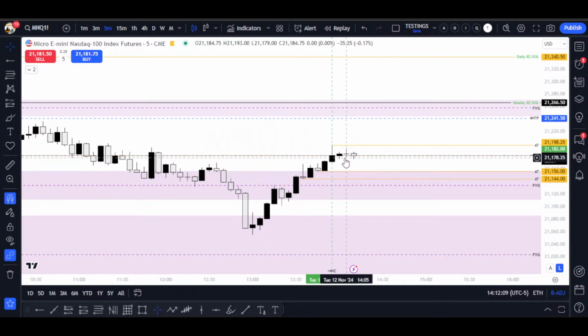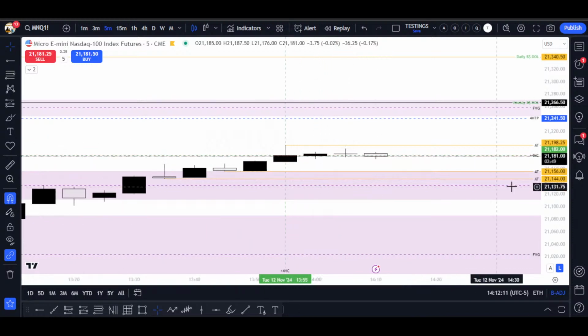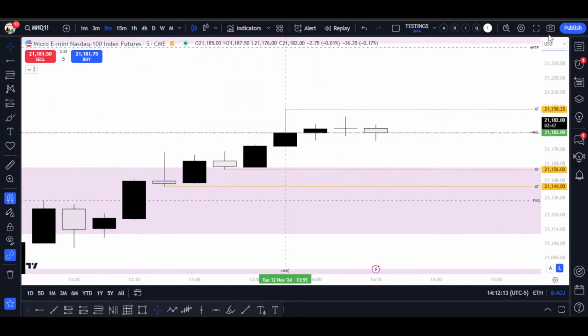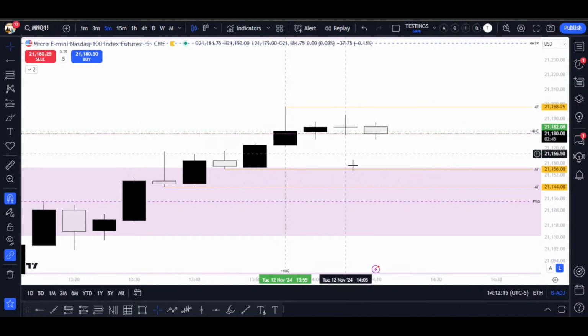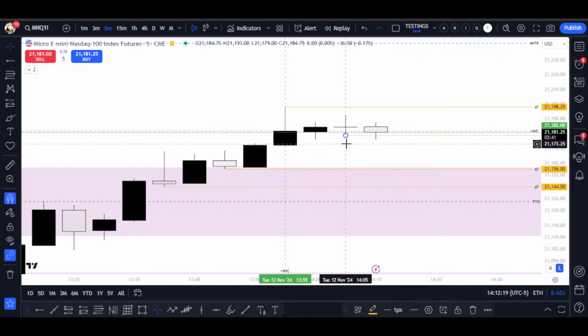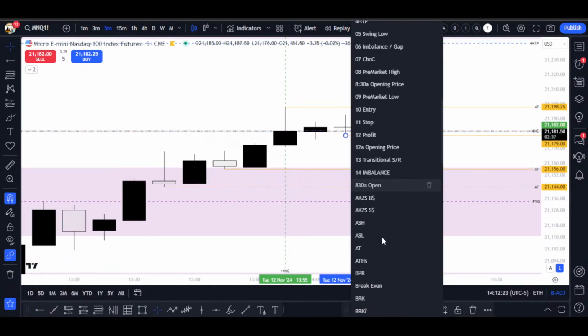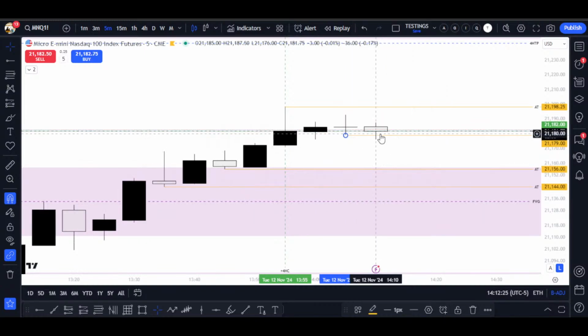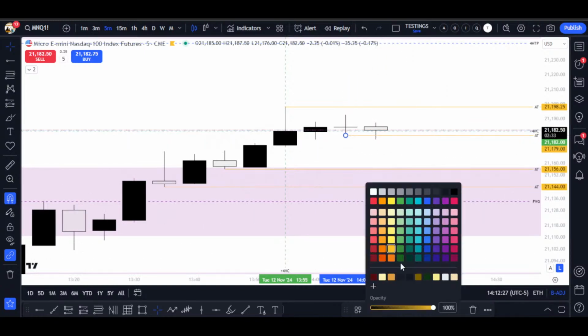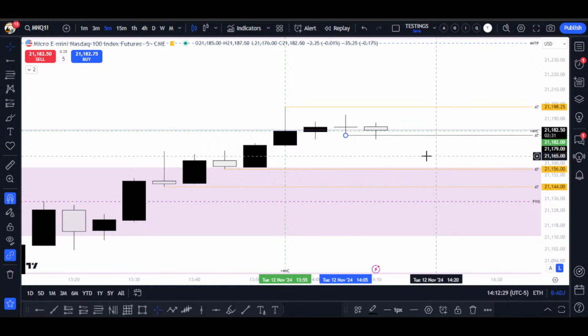This candle right here, the 205 candle, it swept the high and closed below. So we were expecting that low to be an algo target, which we see that it has been met. So I'm just gonna go ahead and make that black.